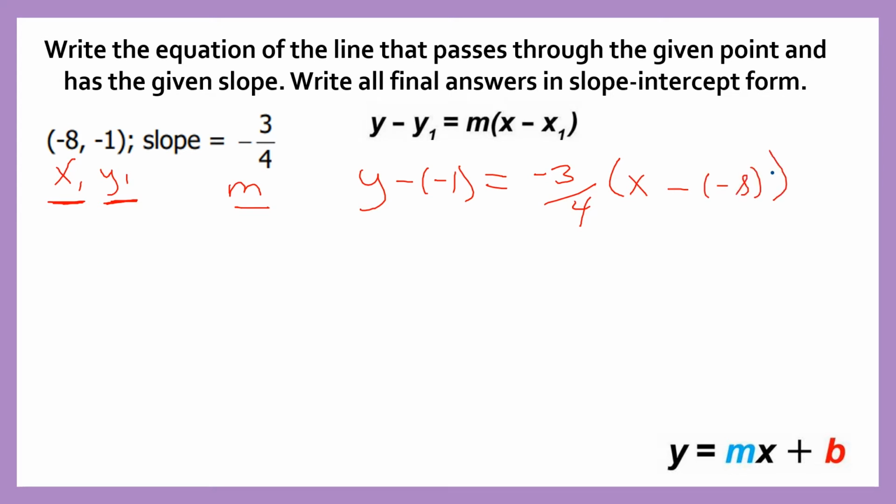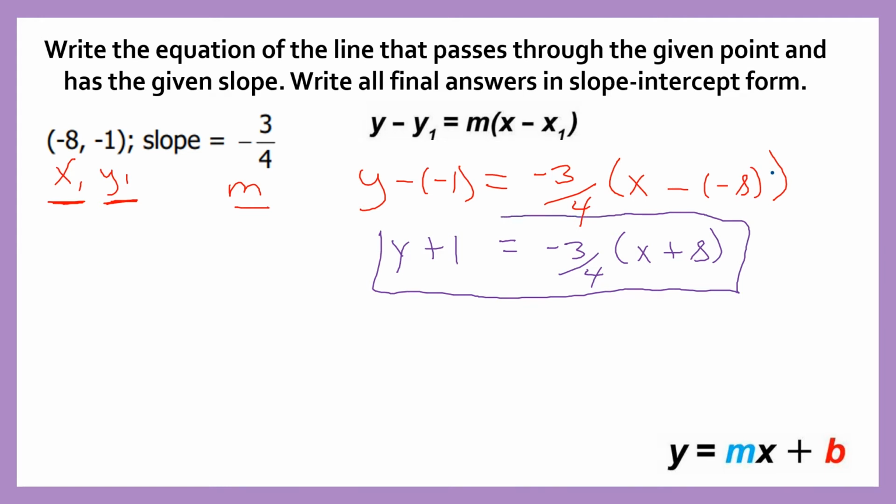Then I just want to simplify this. I have these double negatives, so that's actually going to change to y plus 1 is equal to -3/4 times x plus 8. So that is my equation in point-slope form.